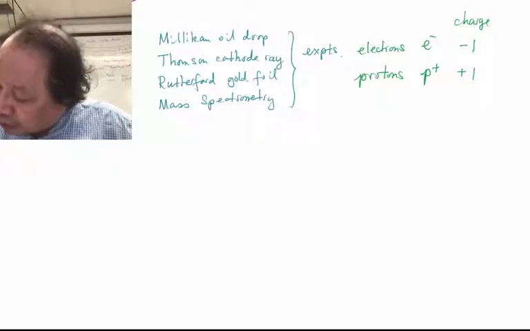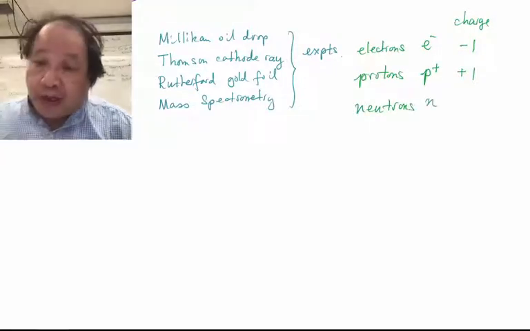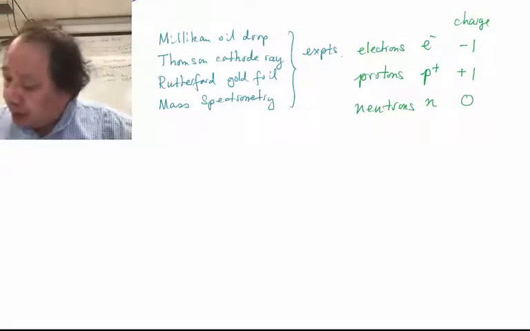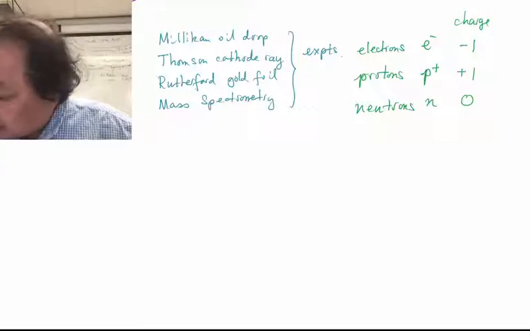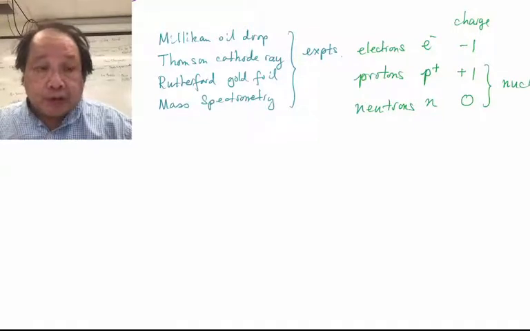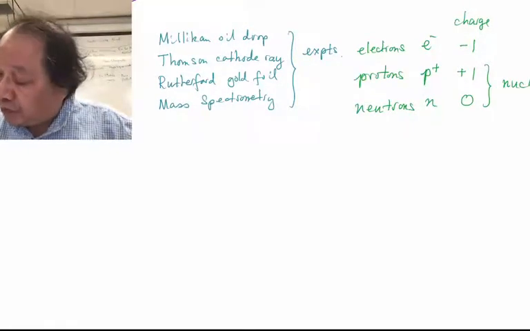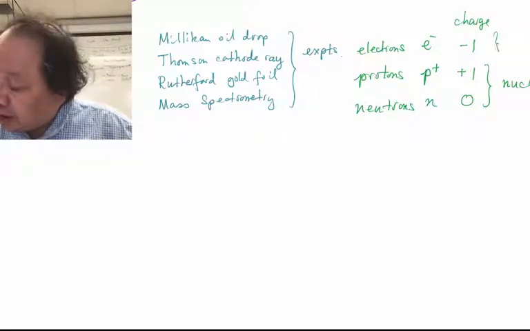And finally, there are the neutrons, abbreviated n, which have no charge. The protons and the neutrons are inside the nucleus, the small object from which the alpha particles bounced back in the Rutherford gold foil experiment, and the electrons are outside the nucleus.